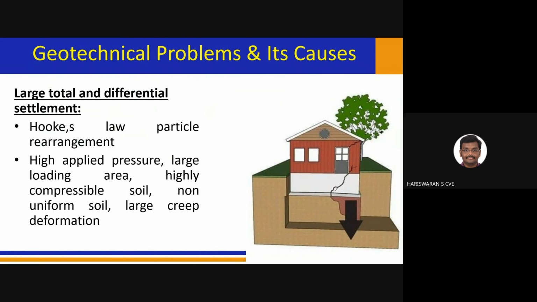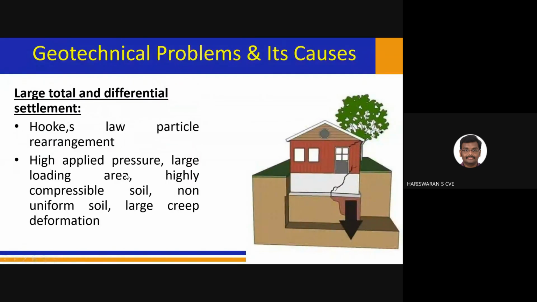If a particular part of the building has clay, soft clay or expansive clay, and another part of the building has a good material like rocky or sandy soil, then the behavior is going to differ. The load distribution is also going to differ. So ultimately, we are going to face differential settlement, right?